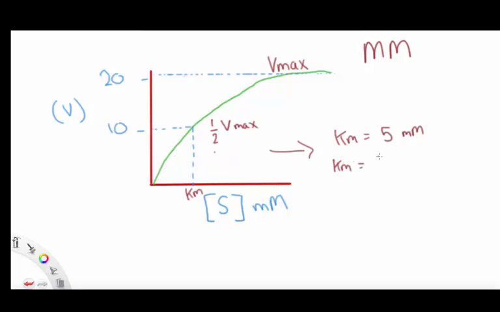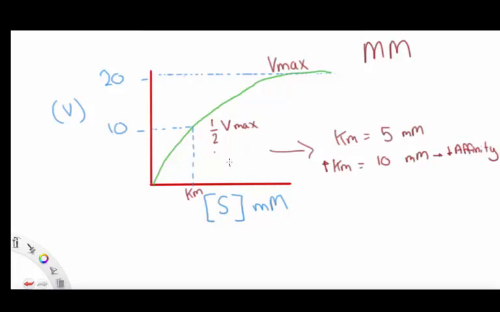Then the concentration required, let's say, is 10 millimolars. So I need more substrate in order to attain the same velocity of the reaction. That means that the affinity has decreased. So as you can see, increasing the Km will decrease the affinity.